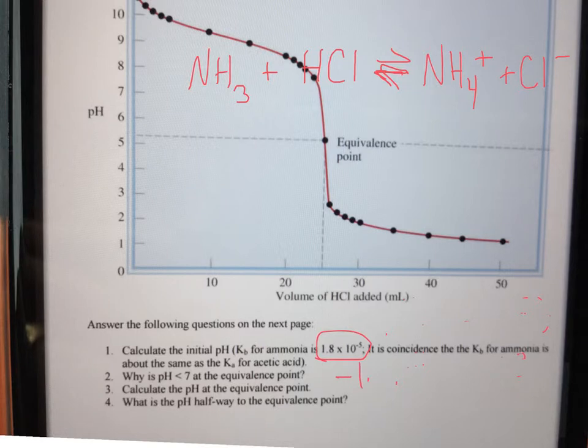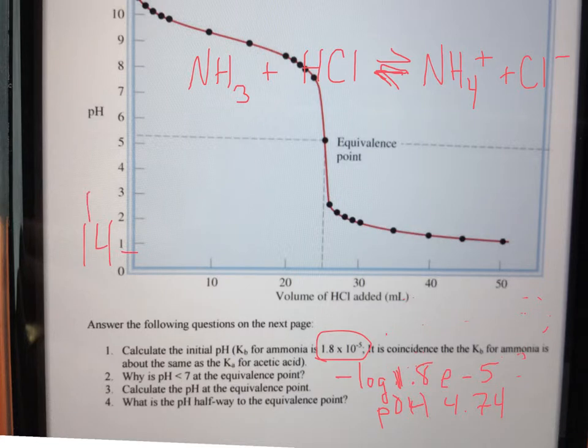If we take the negative log of 1.8 e to the negative 5th, I apologize for the extra marks on there, I didn't erase very well, that's going to give us the pOH, because this was a Kb, and the pOH is going to be 4.74.